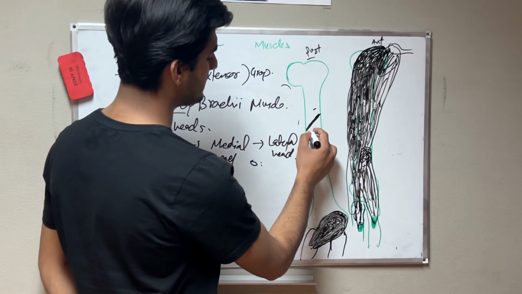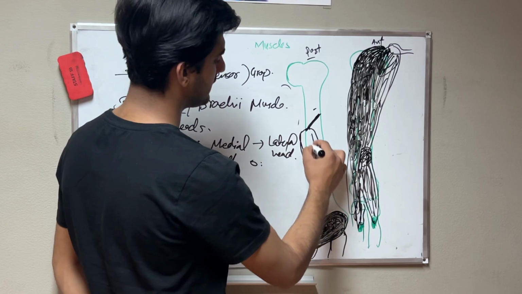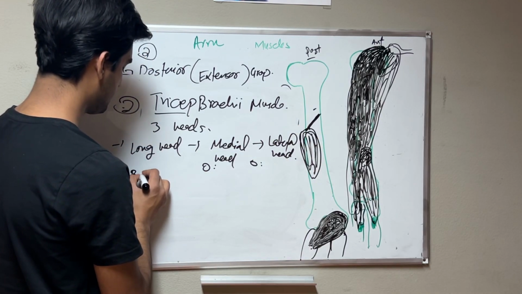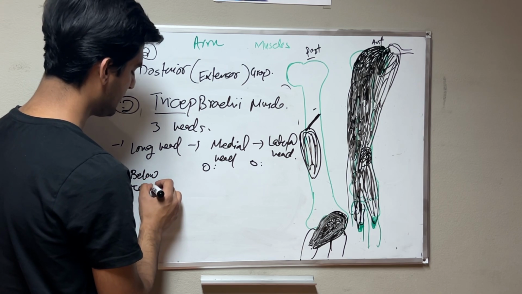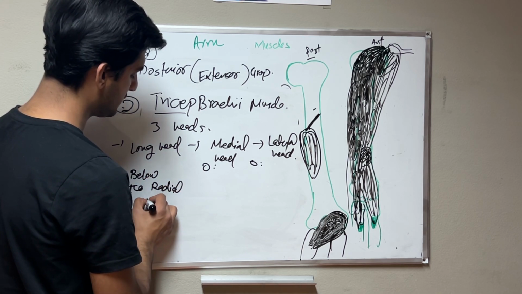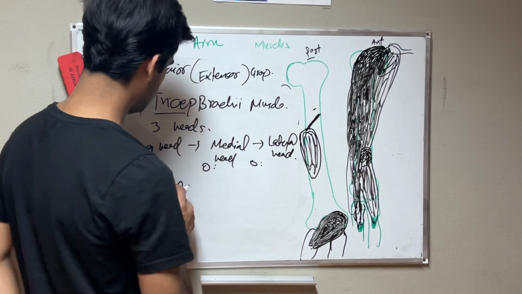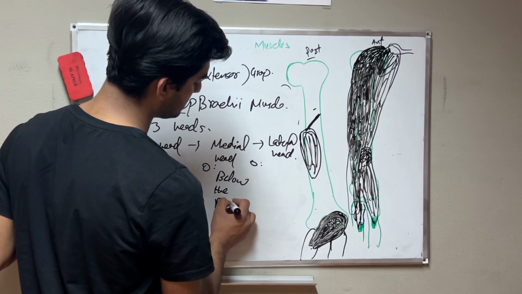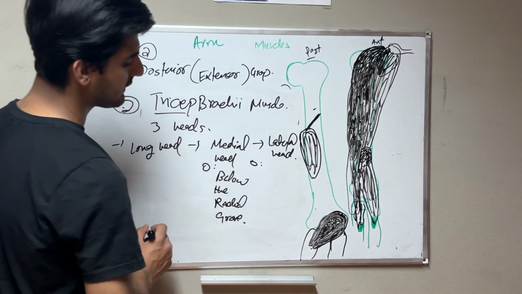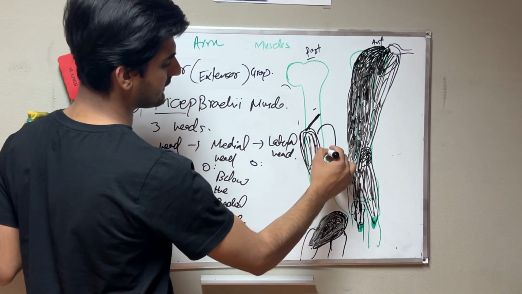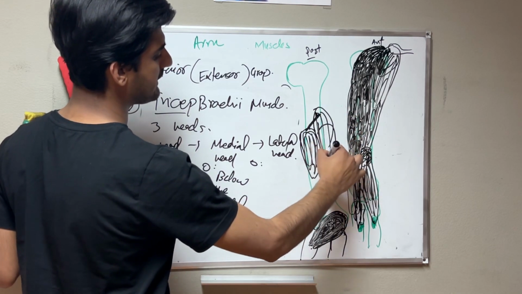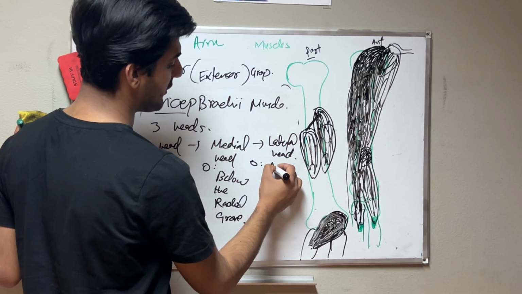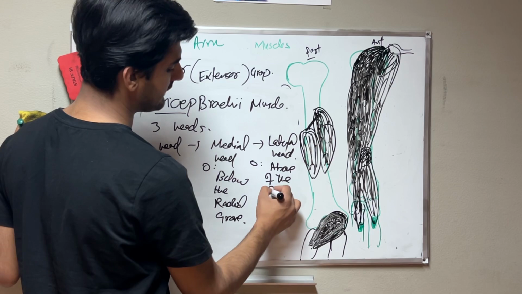The medial head of the triceps brachii originates below the radial groove, and the lateral head originates above the radial groove.